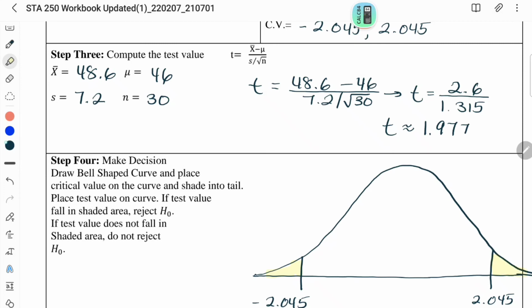Now remember, if the test value lands in the shaded area, we're going to reject the null hypothesis. So let's put that over here. Reject the null hypothesis. Reject the null hypothesis. If the test value lands in the non-shaded area, do not reject the null hypothesis.